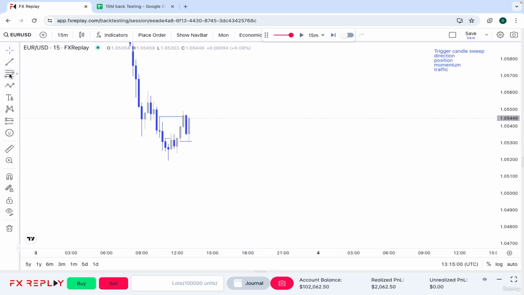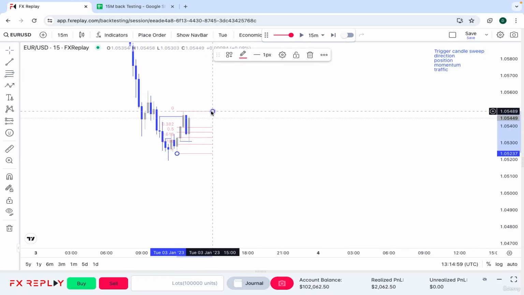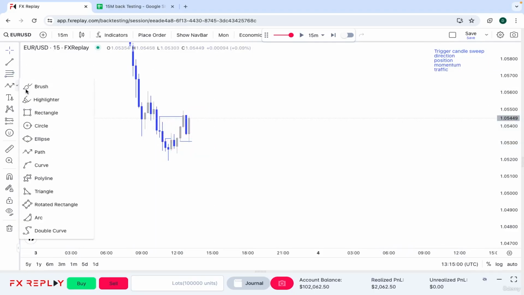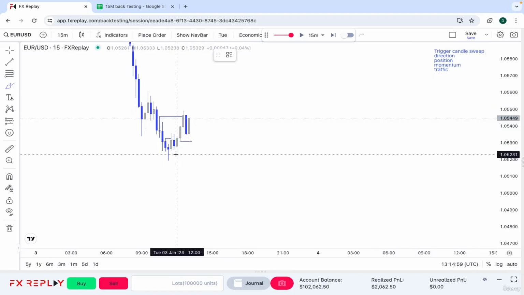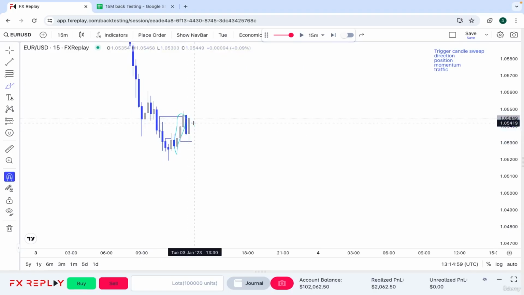Position, let's check. The final push up was from there to there. So yes, we're between the 61 and the 78. So that's good. Momentum, yes, we have momentum, because remember, all we're interested in is this here versus the trigger candle, and we've got strength in both.